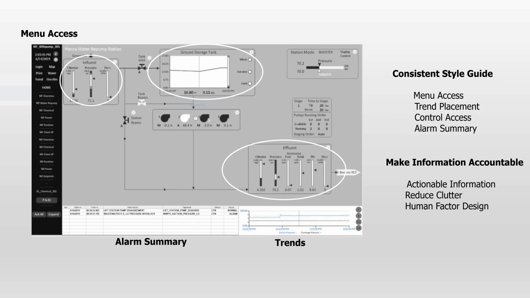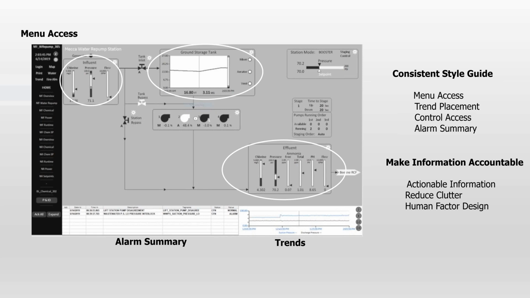One key difference here is on the bottom of this one, we have an alarm summary showing you the current alarms within this site and key indicator trends on the right-hand side.